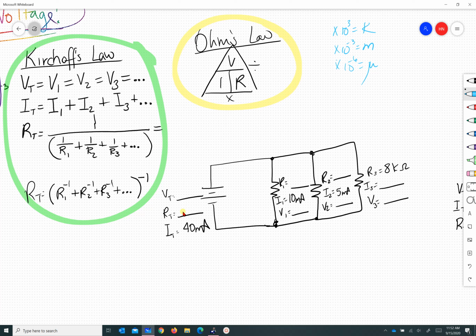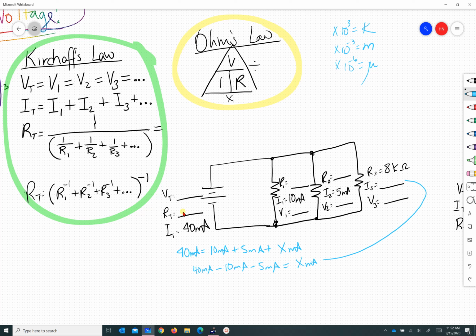We're going to say 40 milliamps is equal to 10 milliamps plus 5 milliamps plus X milliamps. Well, I think it's easy for you to realize that it's just going to be 40 milliamps minus 10 milliamps minus 5 milliamps, and that's going to be equal to our unknown milliamps.